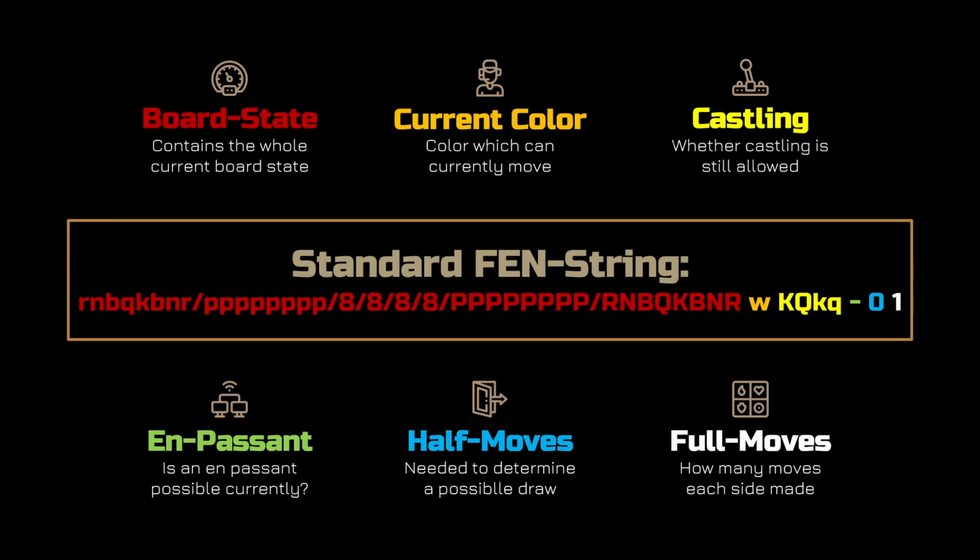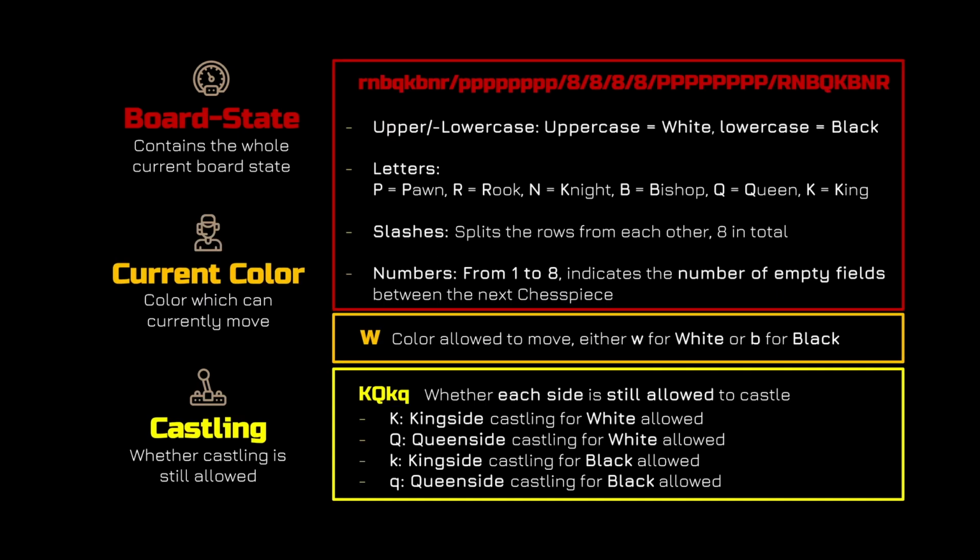But what we don't know yet are the exact parts of this FEN string. So the board state actually offers a lot more information than you can see at first sight. As you can see, we have upper and lowercase letters in there, and white equals uppercase in this case, and lowercase is black. So the letters also contain information about which piece is sitting at which position.